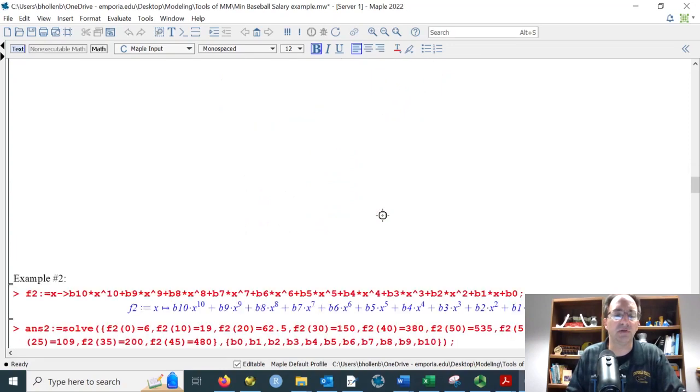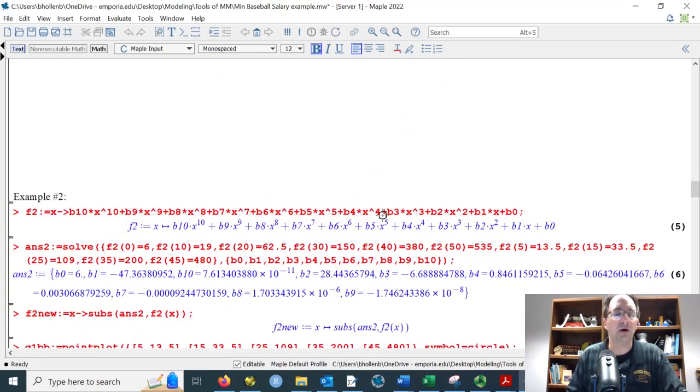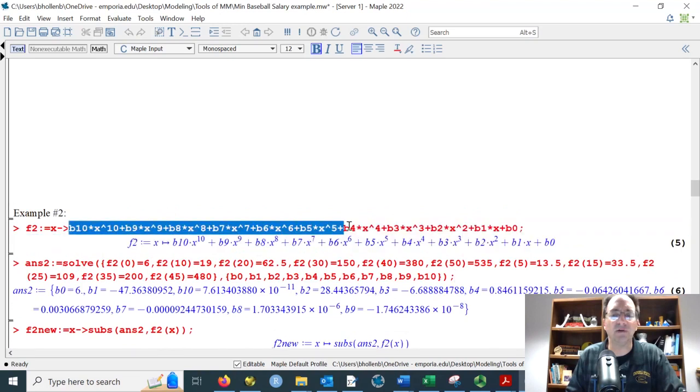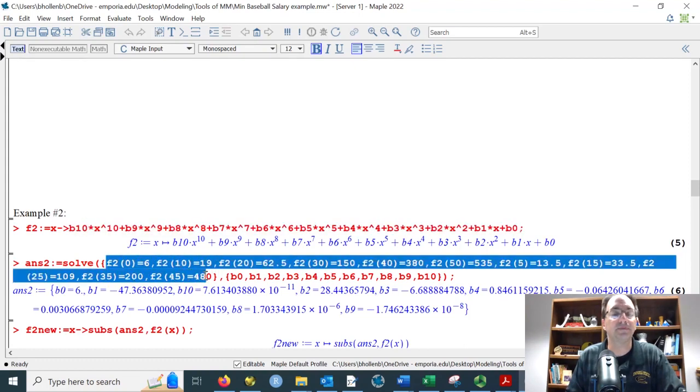All right, so let's move on to our next example, and that involves, notice, a 10th degree polynomial, because overall we have 11 data points. And here they are. All right, so it looks messy, but notice it's still the same concept as before, is that we have 11 equations and 11 unknowns.